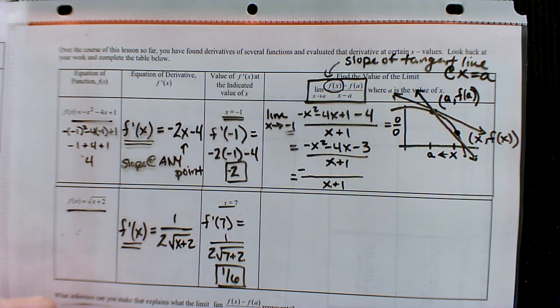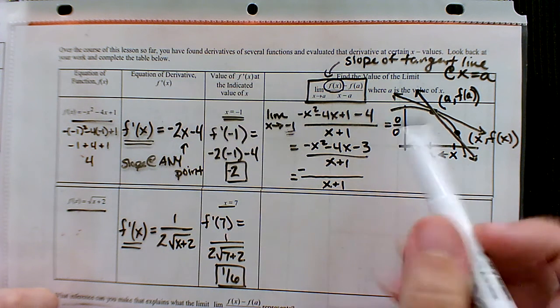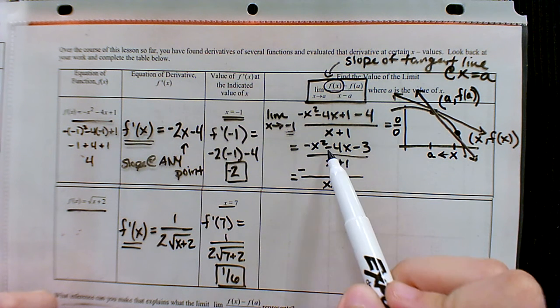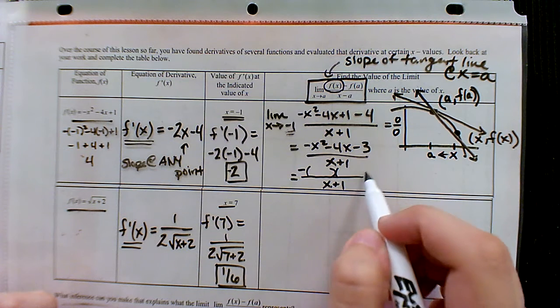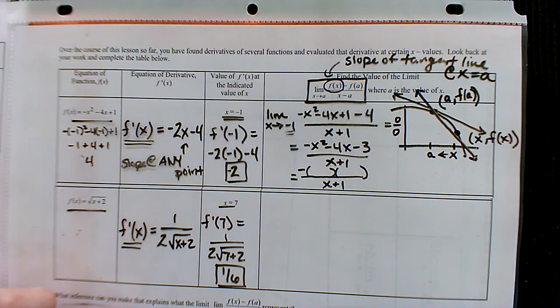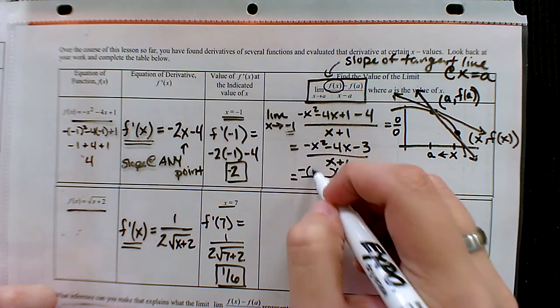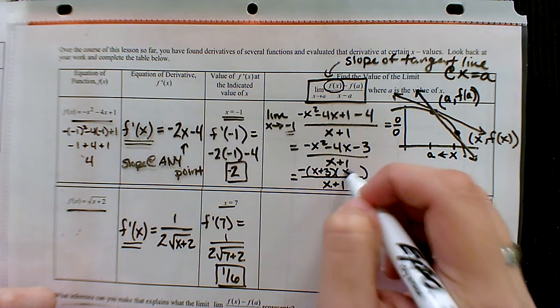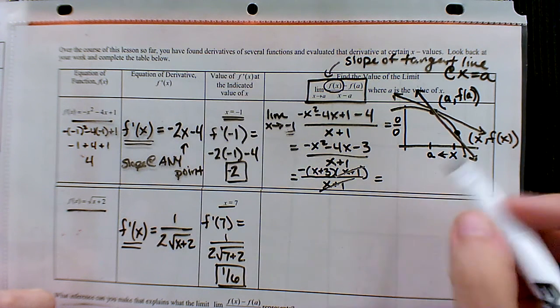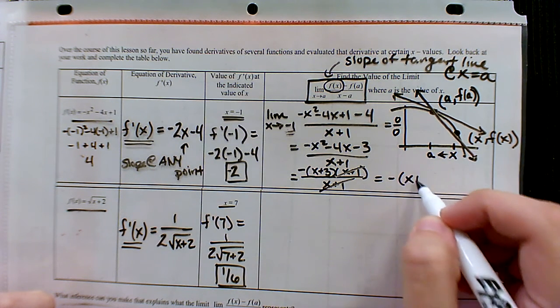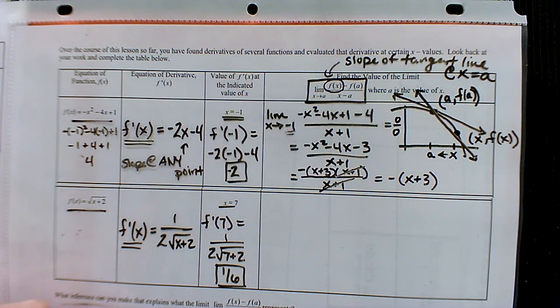And if we pull a negative out, that's going to change all the signs. So this would now be a +3 and a +4. Can we think of two numbers that multiply to +3 and add to +4? Yeah. x plus 3, x plus 1. Notice how the x plus 1s will go away. So we're left with negative quantity x plus 3.